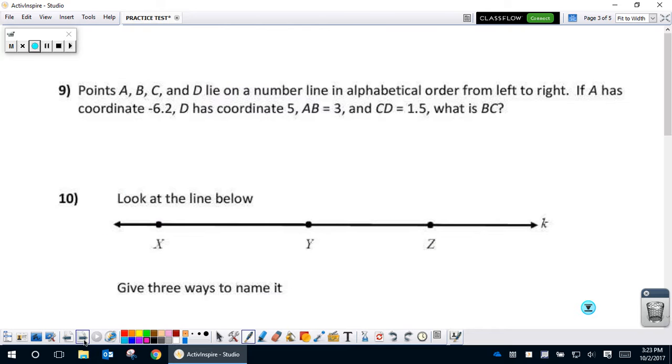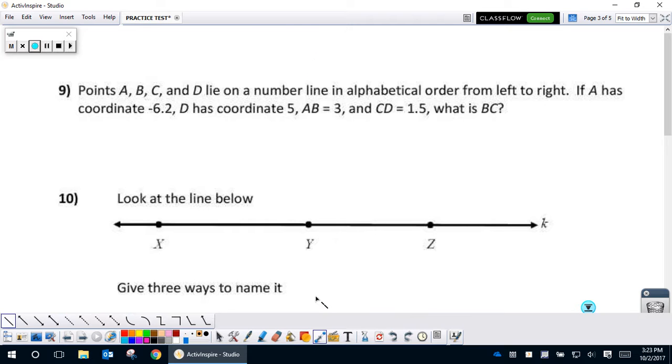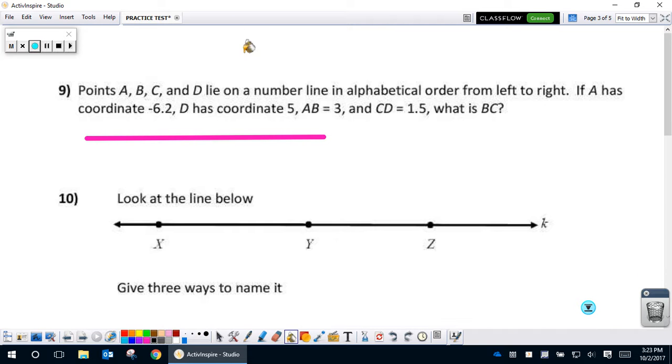All right, number 9, A, B, C, D lie on a number line in alphabetical order from left to right. Notice they don't give you a picture, so let's draw one. It doesn't matter where you put them, A, B, C, D, as long as they are in alphabetical order.